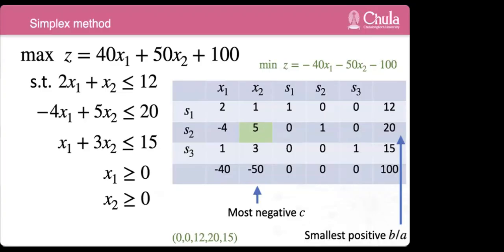So the point we start at, remember that we have 5 variables, but we have 3 conditions. So we need 3 basic variables and 2 non-basic variables, right?